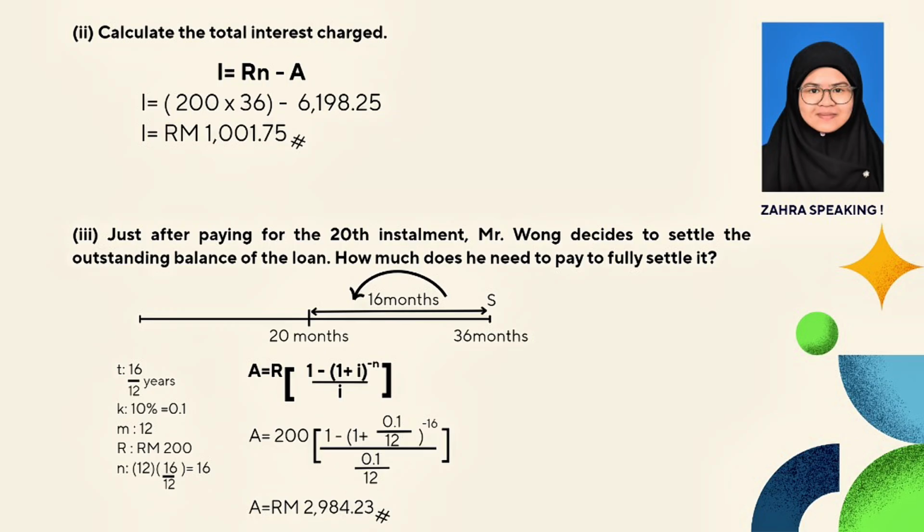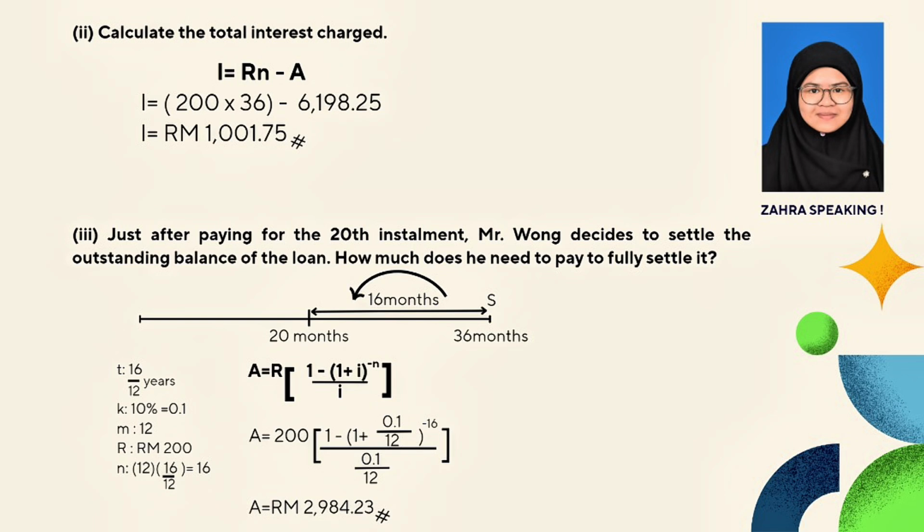For question 3 Roman, the question is, just after paying for the 20th installment, Mr. Wong decides to settle the outstanding balance of the loan. How much does he need to pay to fully settle it? We are going to use the A formula for this. We are going to use 36 months minus 20 months.